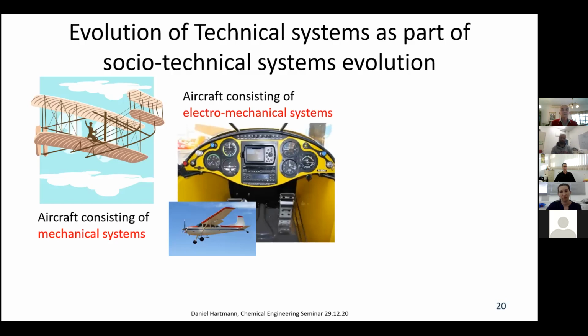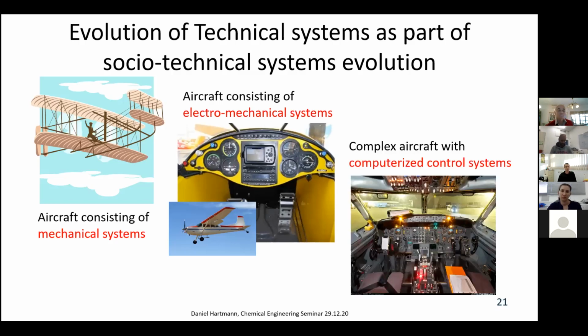It is from the end of the 19th century. We have also electromechanical systems. And in the last 50, 60 years, we have also computerized control systems. What is hardware, software, embedded systems, yes? So when we think about system, we think about socio-technical systems that are either mechanical, electromechanical, or software hardware.